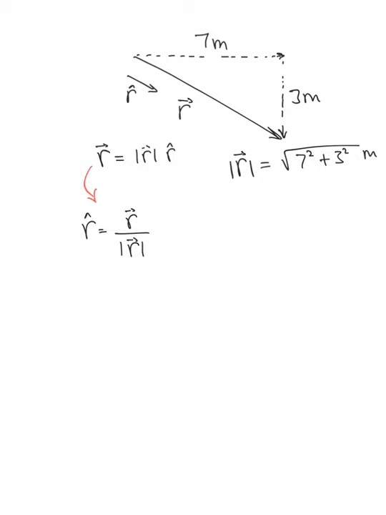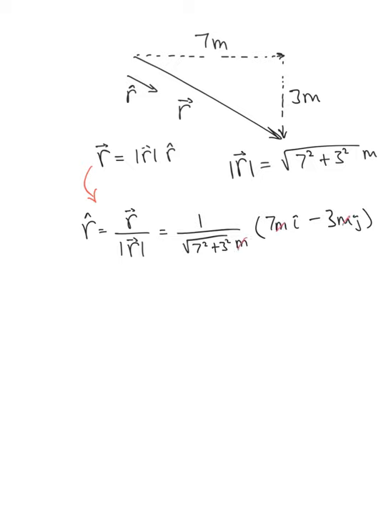If I write this out explicitly, it looks like 1 divided by my magnitude, which has units of meters, multiplied by 7 meters i hat minus 3 meters j hat, where the minus sign comes from the fact that our 3 meters points in the negative y direction, right?